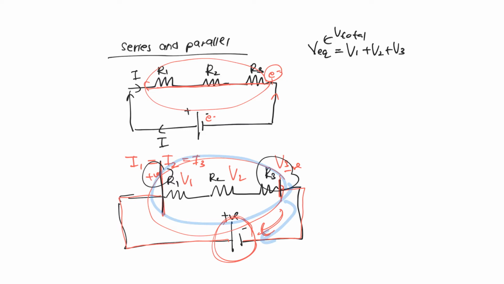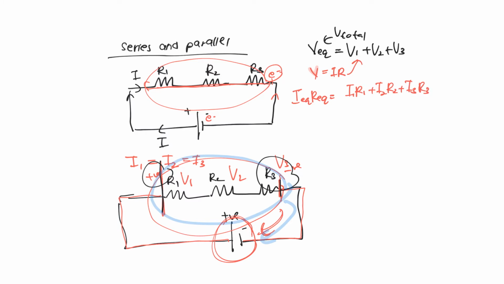Okay, so based on Ohm's law, V equals IR. You put this into these equations, and you get I equivalent times R equivalent equals I1 R1 plus I2 R2 plus I3 R3.